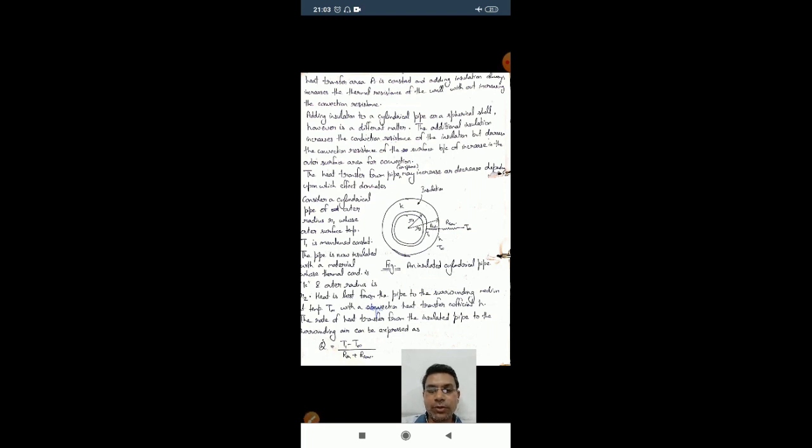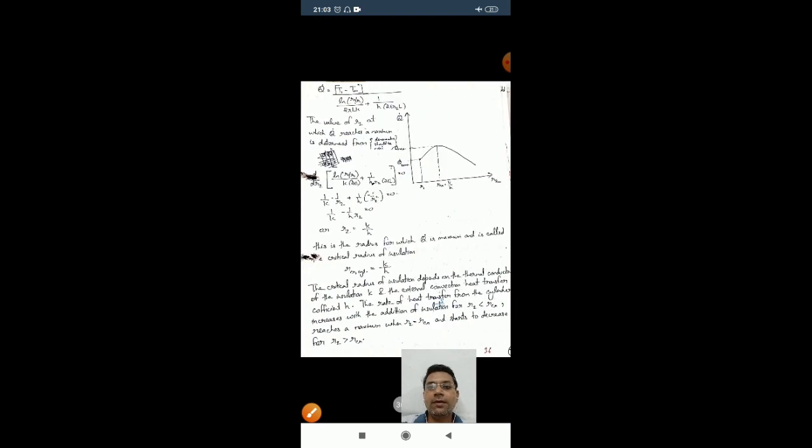I have taken both types of heat transfer resistances, the conduction resistance and the convection resistance. This is the combined equation for the insulation being put on.